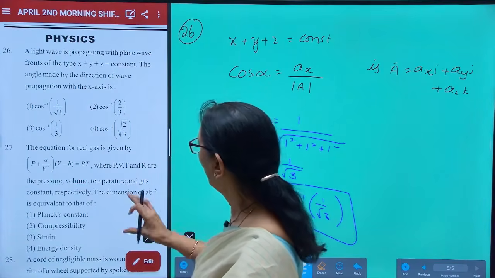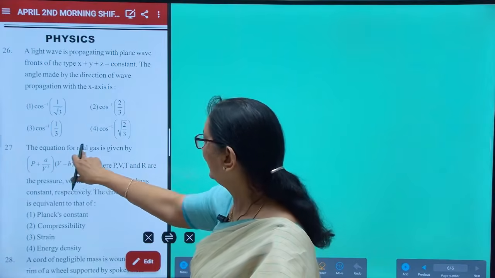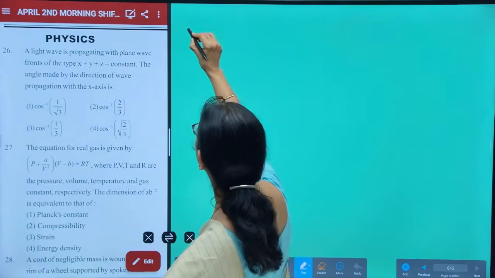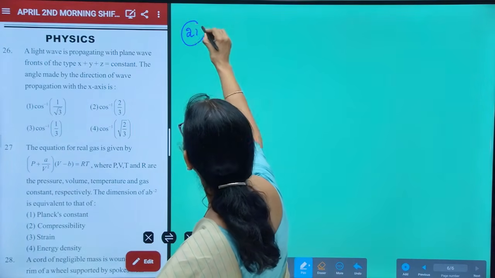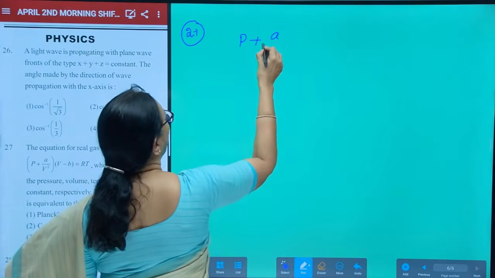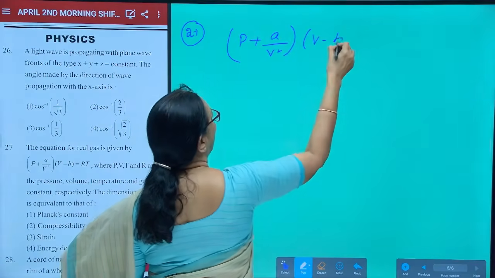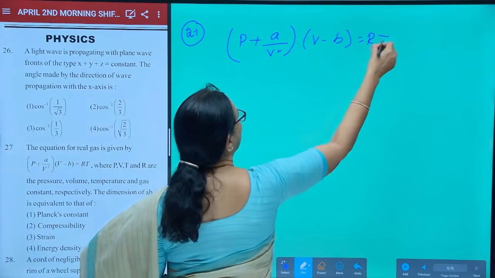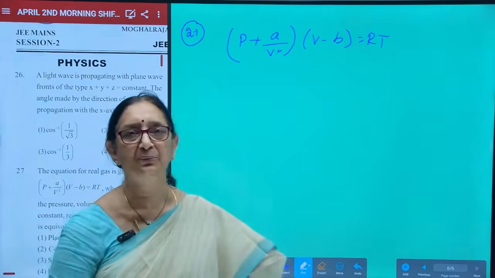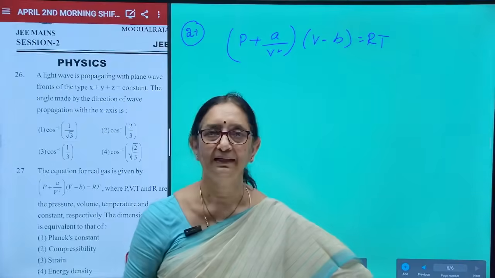Okay. Now coming to the next question, look here. The equation for a real gas is given as P plus A by V square into V minus B is equal to RT. Here P is the pressure, V is the volume, T is the temperature, R is the gas constant.